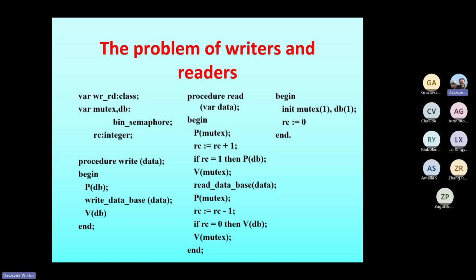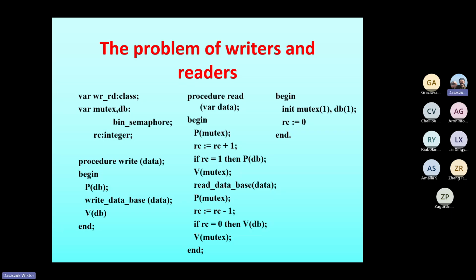So we cannot allow concurrent writing to the database because it can raise an error in the database. So two writers cannot write to the database at the same time. So the database is a critical section between them because they cannot enter writing together.